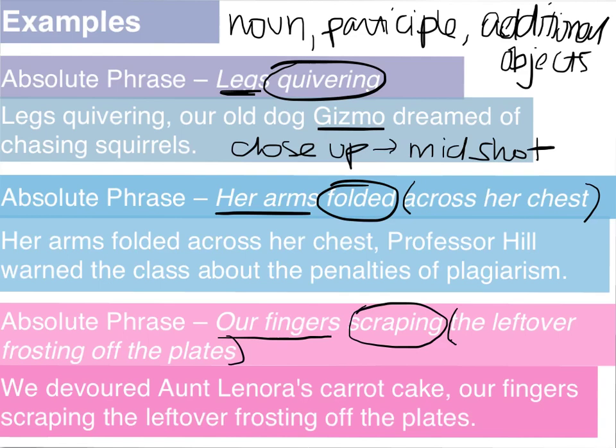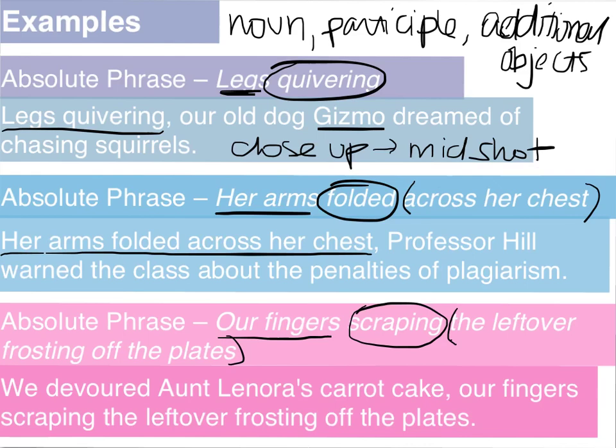Next, we've got her arms folded across her chest. We've got this here as our absolute phrase. Let me underline the first one. Again, we've got that close-up to mid-shot pan going on here, because we can see already the image of the professor with her arms across her chest, and then when we pan out, we suddenly get the big picture. Why is it that she's got her arms folded across her chest?